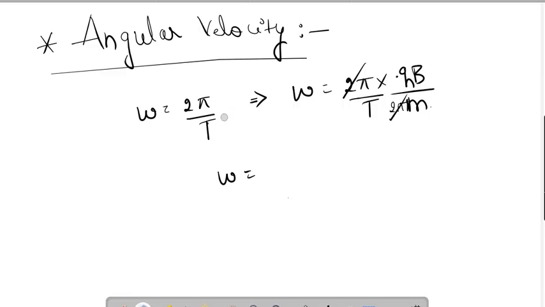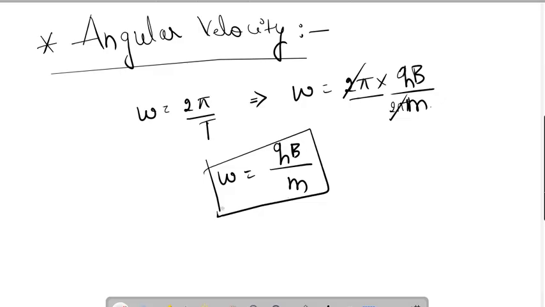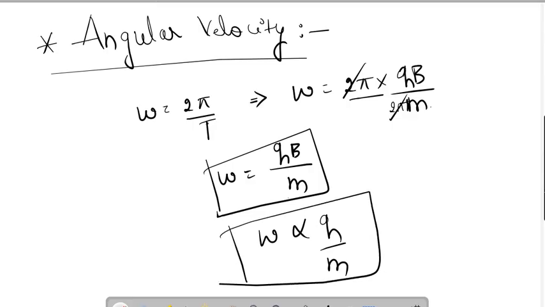Not f here, 2 pi by T itself. So what is T here? T is 2 pi m divided by qB, so you will get omega is qB divided by m. And omega is also directly proportional to the charge by mass. So these are all of the conditions.